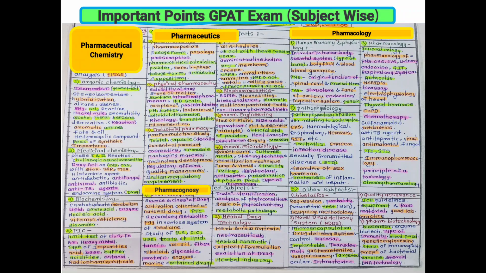In pharmacognosy you have to remember also history of pharmacognosy, as well as ayurvedic system, allopathic system, homeopathic system, etc. Also herbal drug technology, herbs and raw materials, nutraceutical, herbal cosmetics, excipient, formulations, evolution of drug and herbal industry.